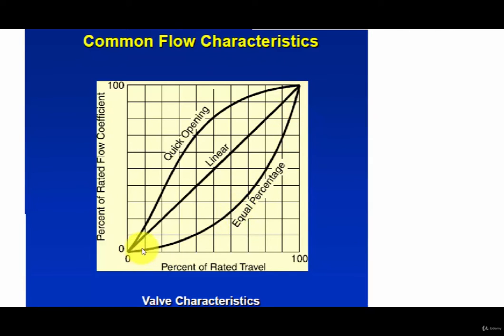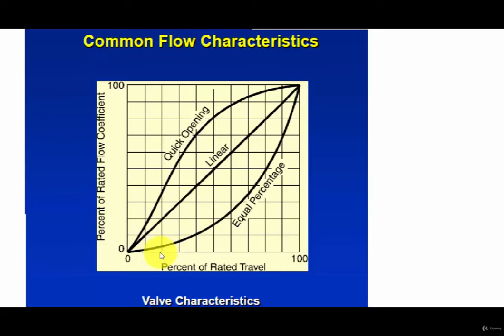Below 50% travel, the flow gain is less, and the flow is changing slowly. At more than 50%, the gain is almost double, so the flow is increasing very fast. So that is equal percentage.